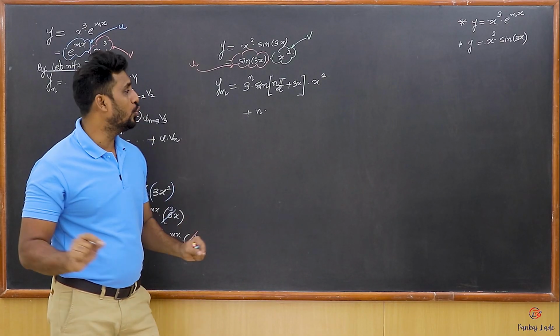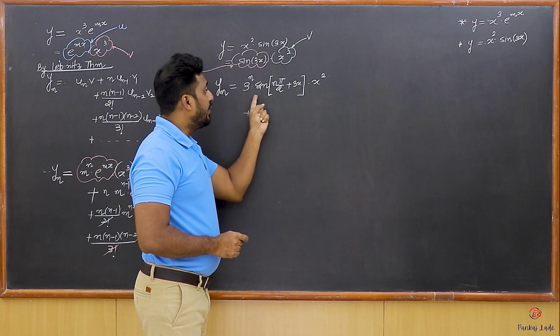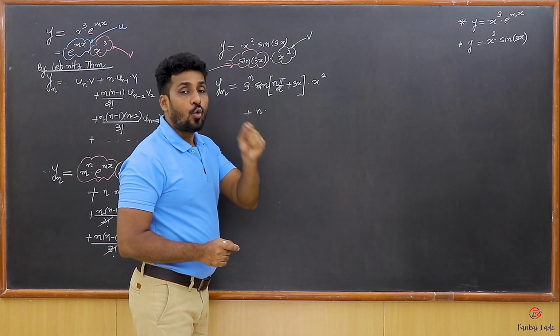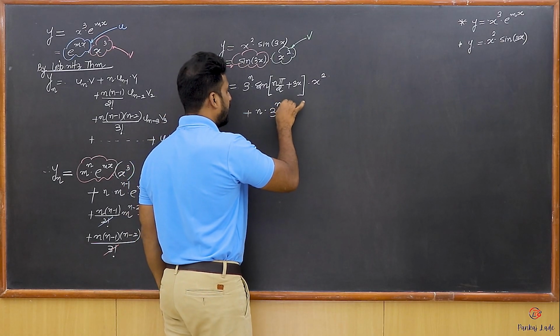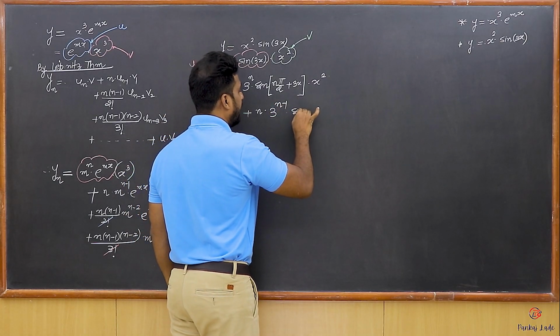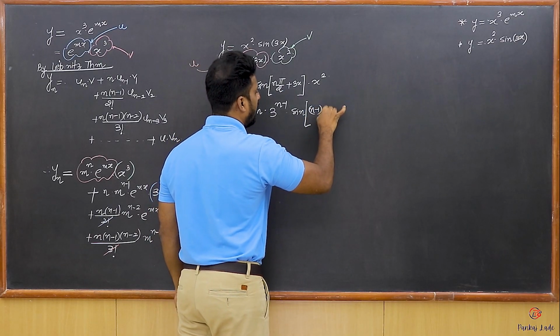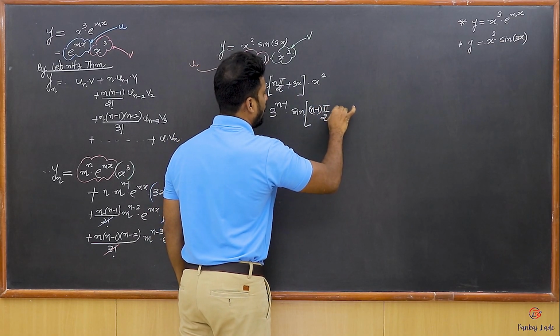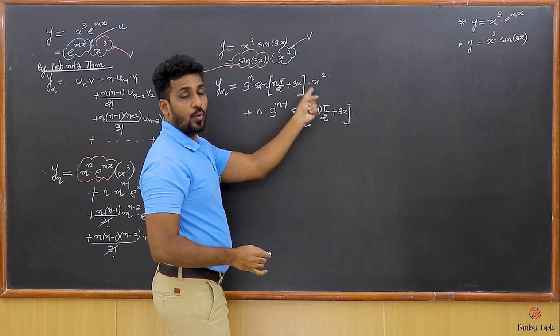Nothing extra you have to do. So I get 3 raised to n minus 1 into sine of n minus 1 pi by 2 plus 3x, and the derivative of x square, the first derivative.